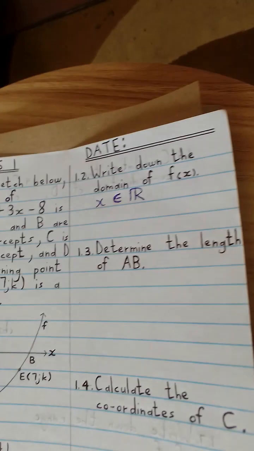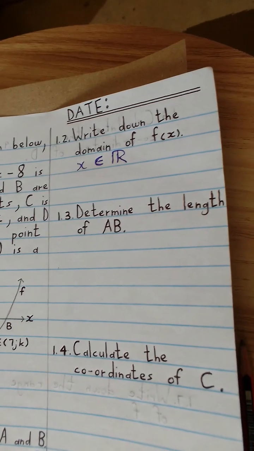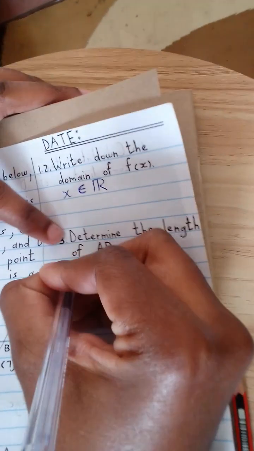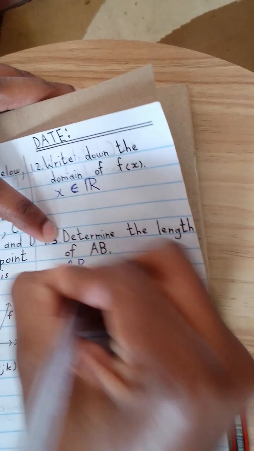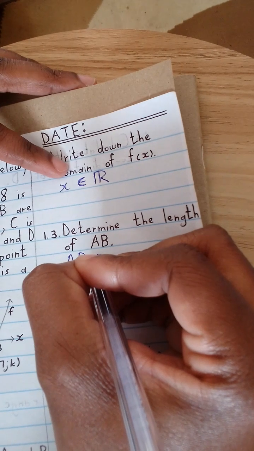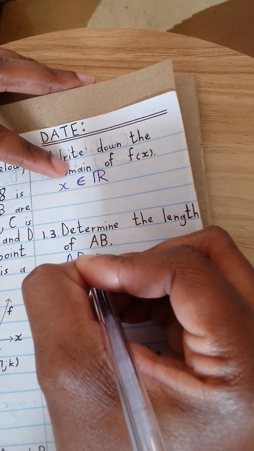1.3 states, determine the length of AB. So this from here to here. So they're both on the x-axis. So for AB, we can ignore the y, because they are both 0.